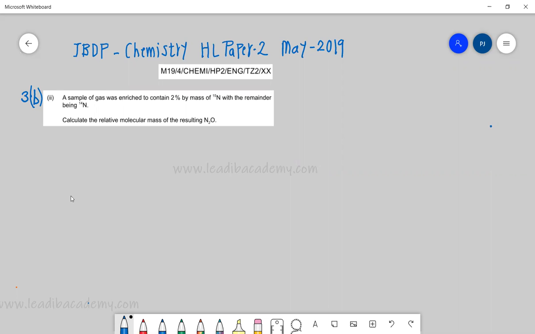The first thing, very, very important, calculate the relative atomic mass of nitrogen. Why? Simple, because there are two isotopes. Which are those? There is N15 and N14. So N15 is 2%.